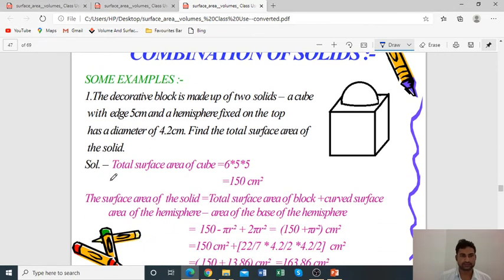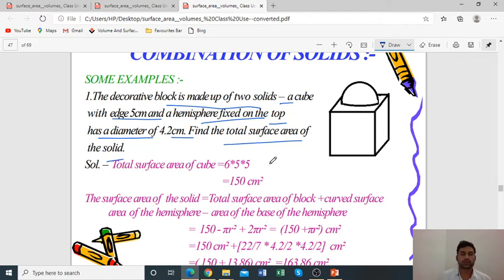That is an example. A decorative block is made of two solids: a cube with edge 5 centimeters, and a hemisphere fixed on the top with diameter 4.2 centimeters. Find the total surface area of the solid. Very good question.